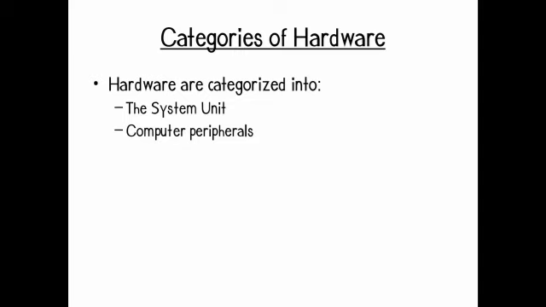Now we go back to the hardware. I believe we all know what the hardware is. I told you what the hardware is: those parts you can see, touch, and handle. Now, this hardware is categorized into two major parts: the system unit and computer peripherals.